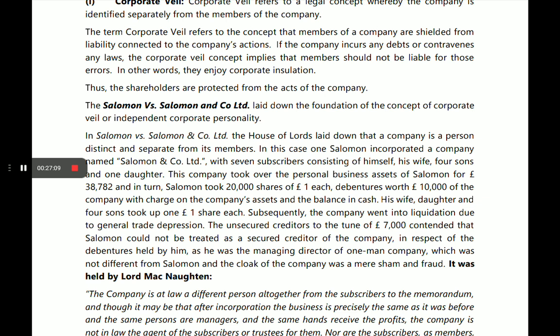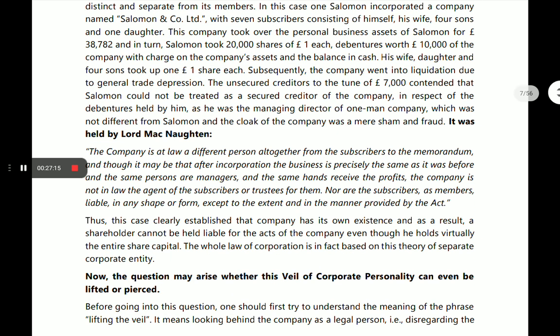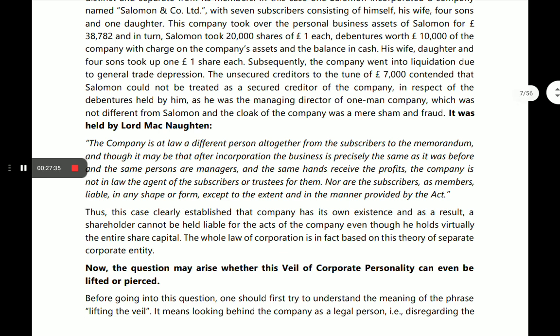It was held by Lord Macnaghten: The company is at law a different person altogether from the subscribers to the memorandum, and thus it may be that after incorporation the business is precisely the same as it was before, and the same persons are managers, and the same hands receive the profits.